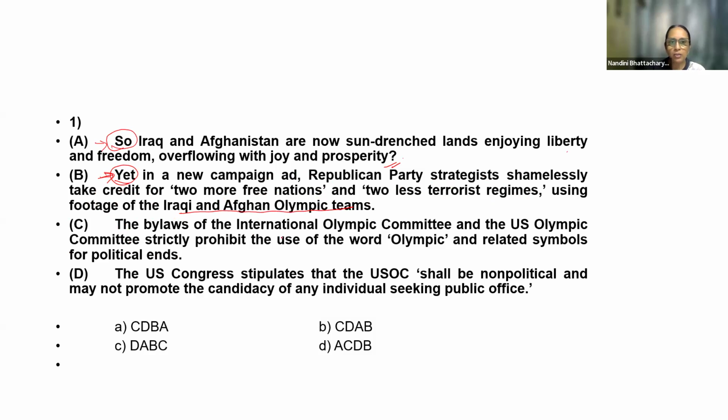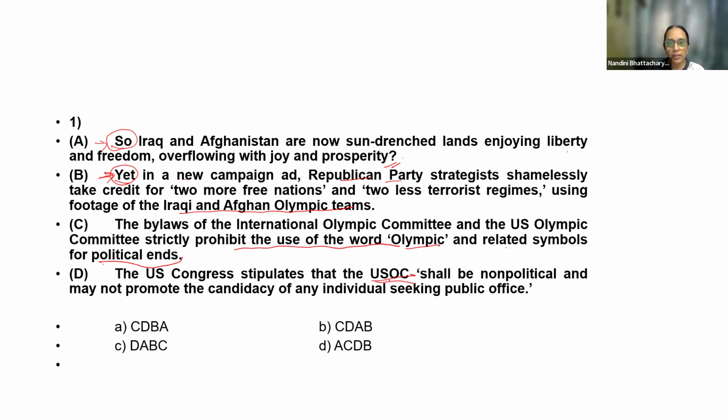Okay, the bylaws of the International Olympic Committee and the US Olympic Committee strictly prohibit the use of the word Olympic and related symbols for political ends. And now if we look at this, it talks about some political parties doing something. Okay, the US Congress stipulates that the USOC, now this is an abbreviation.